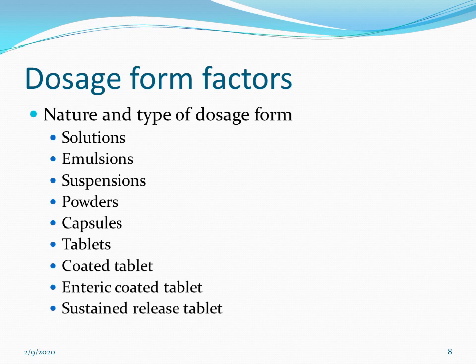Tablets are the compressed dosage form. They should disintegrate in the gastrointestinal tract, then there will be the dissolution and the absorption. Moving towards the coated tablet. A film coated tablet shows better dissolution than the sugar coated and the enteric coated.